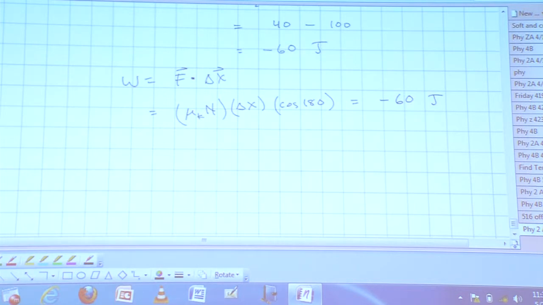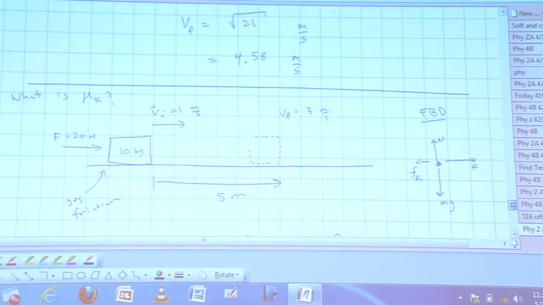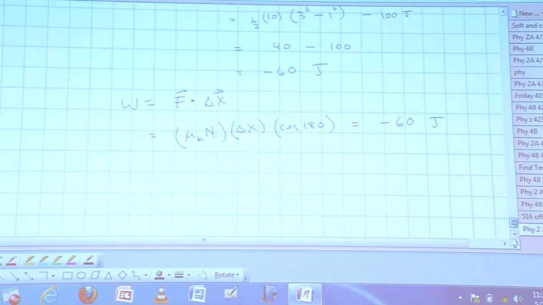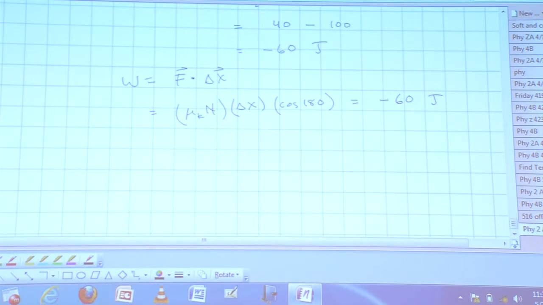What is this going to be? Normal force is just equal to the weight, right? Which is, what is that going to be? Can we just use 10 for g? It's 10 kilograms. Five meters, right? And what do we get?